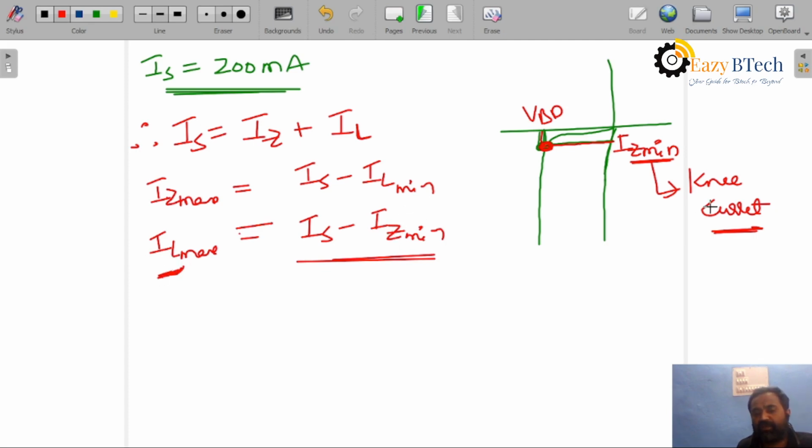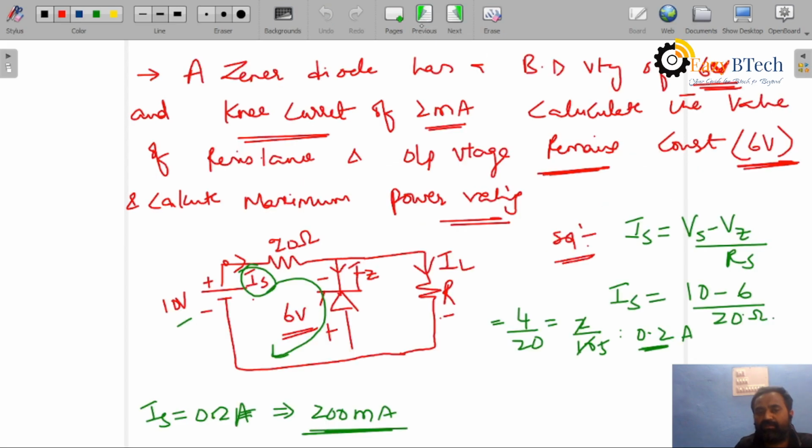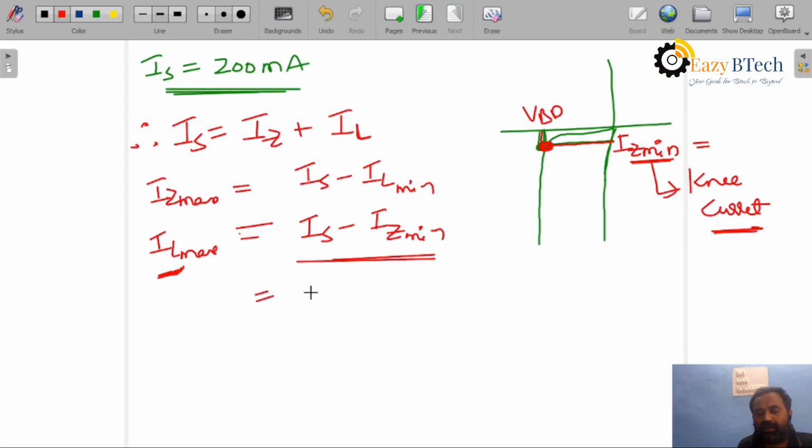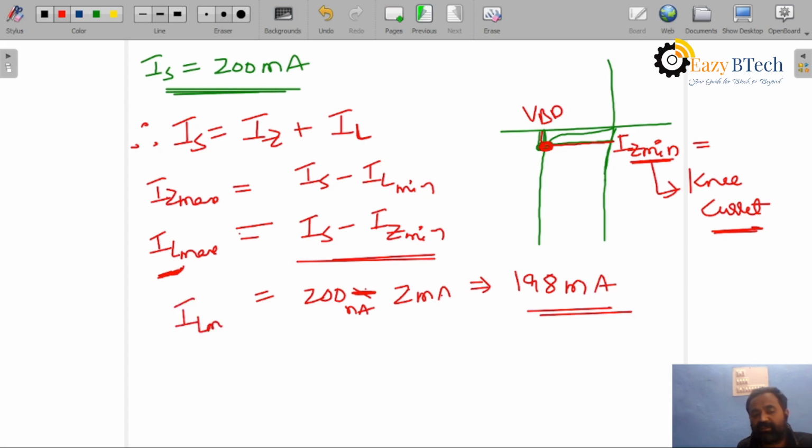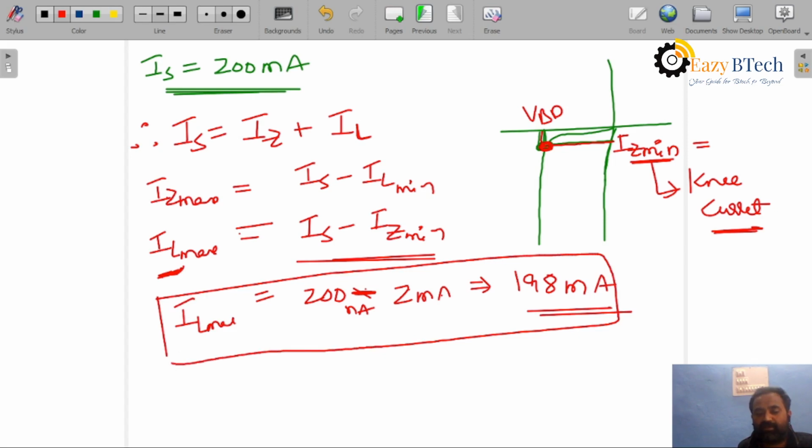How much knee current is given in the problem? 2 milliamperes. So IL max is 200 minus 2 milliamperes, which is 198 milliamperes, the maximum load current.